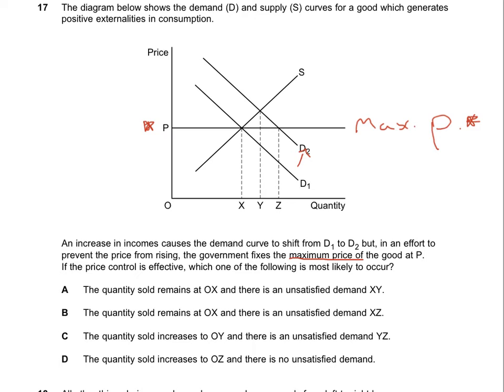The market wants to reach the new equilibrium, but it isn't allowed to, so we remain at this price here. There's going to be a disequilibrium of this distance, and the supply available is at X, but the demand at that price is Z. So the answer is there's unsatisfied demand created by this policy, and that might be classed as a government failure.